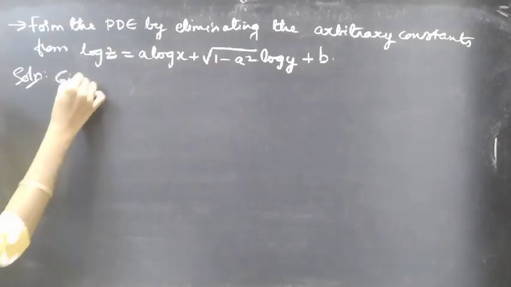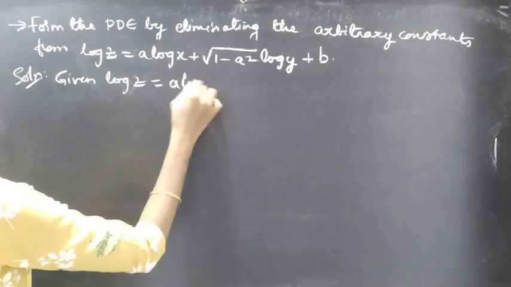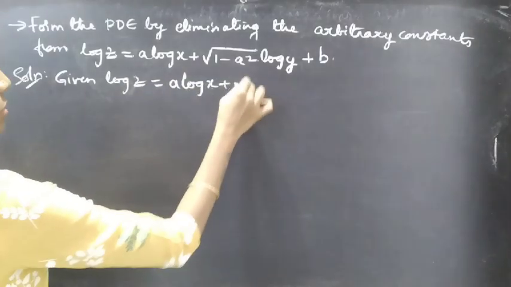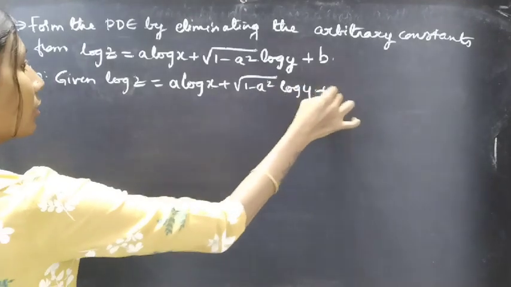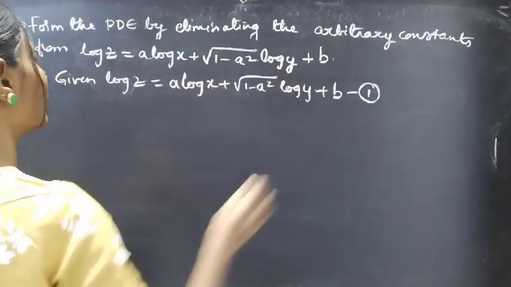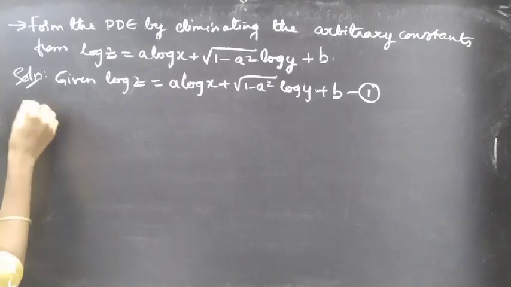We are given log z equal to a log x plus square root of 1 minus a square into log y plus b, considered as equation number 1. So we will see the detailed process firstly, and later we'll go for the shortcut, that is by decreasing the number of steps.